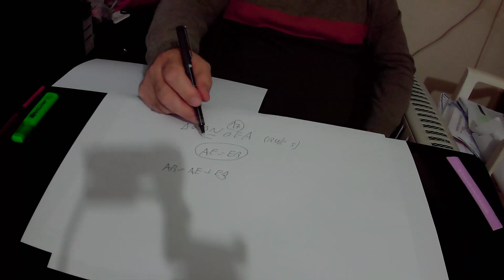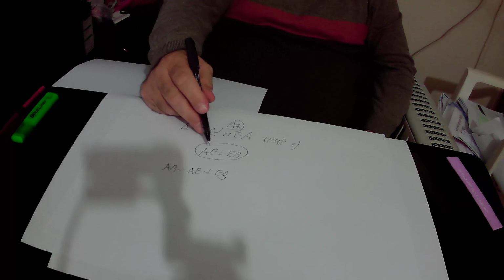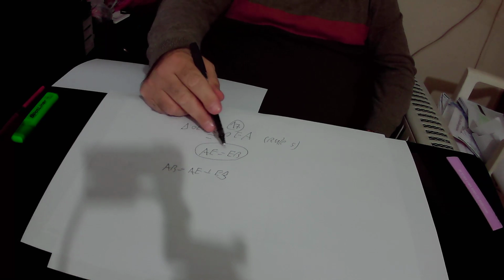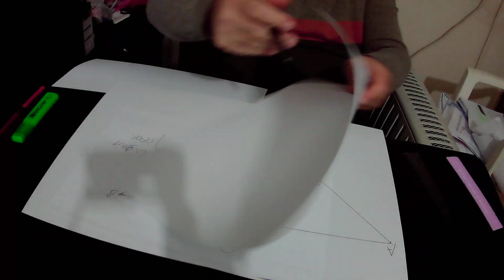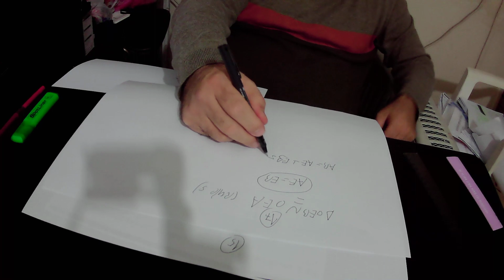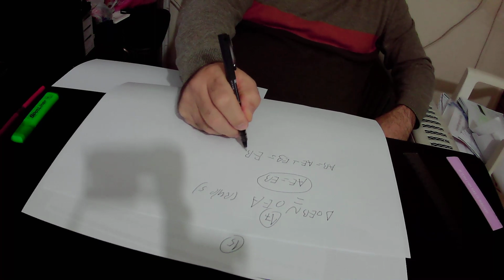But we have already found out that AE equals EB, so we can substitute AE in this equality by EB. We do it now and get that AB equals EB plus EB.